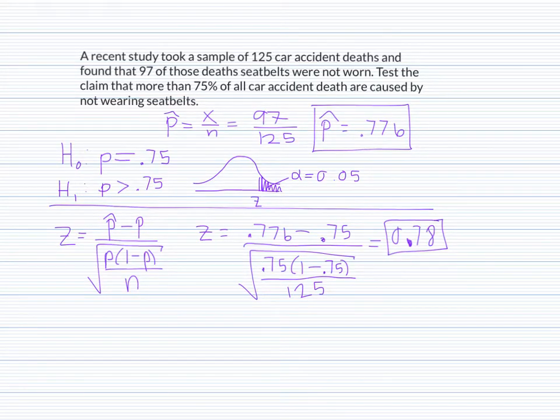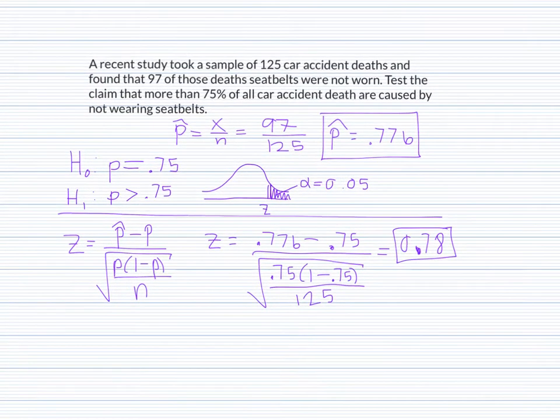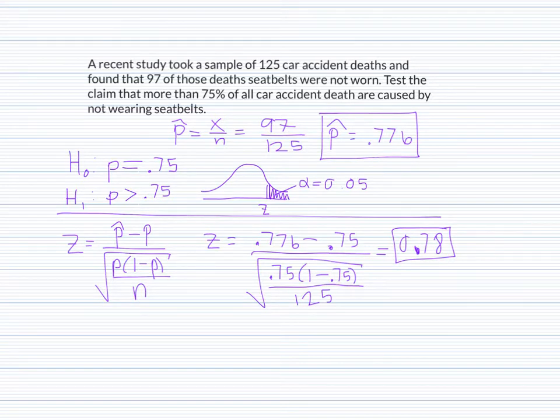So now I'm going to use my z-chart here to find the probability, or the p-value, of the z-score 0.78. Now remember, we want the area to the right here, so we will need to go 1 minus that. So let's look at our chart.